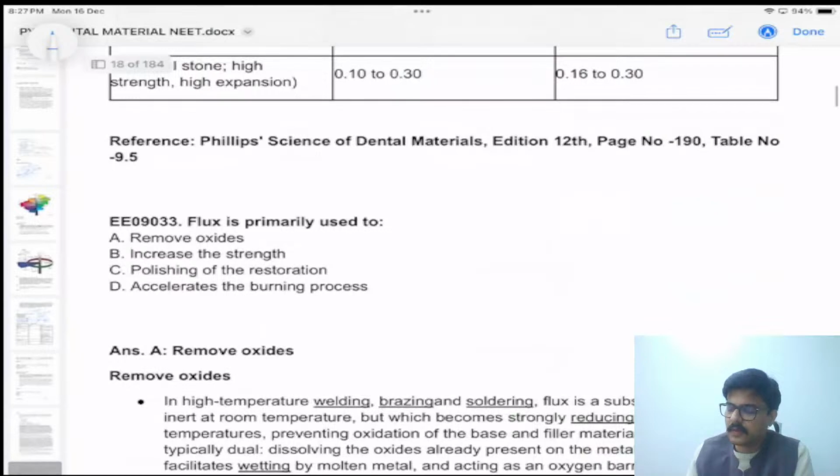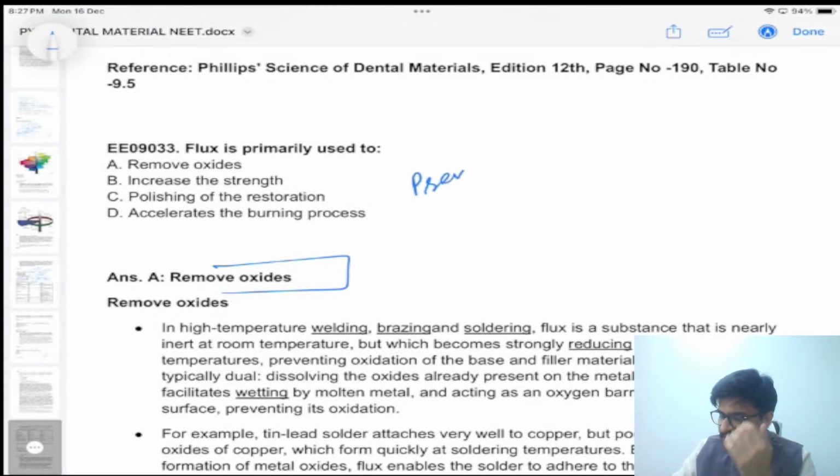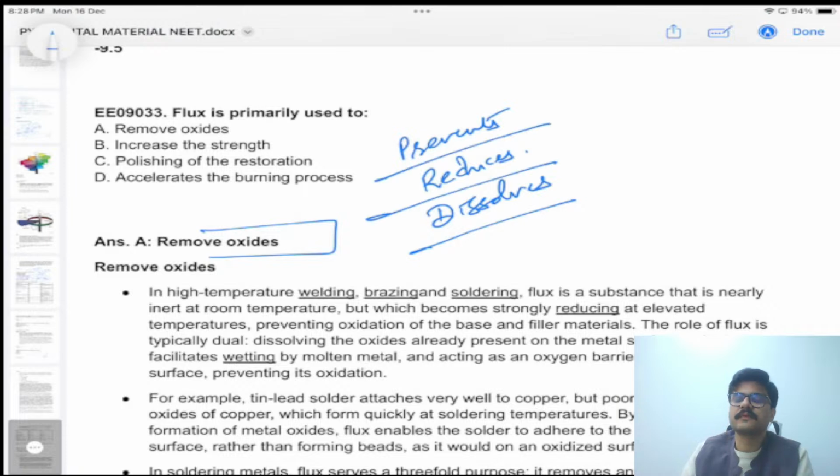And that's the reason. Flux is primarily used to basically remove oxides. So if you talk of fluxes, you have three types. One is type 1 flux, which prevents the formation of oxide. The other is which reduces the oxides. And third is which dissolves the oxides. Right, guys? So the ones which prevent, I think the options are borates or boric acid, right?